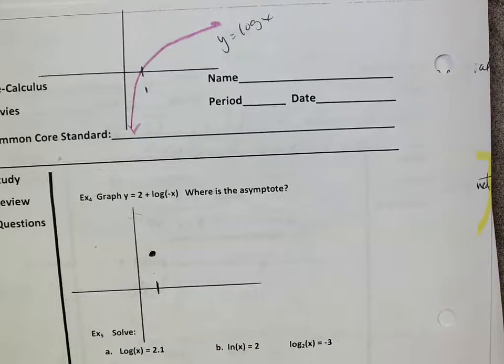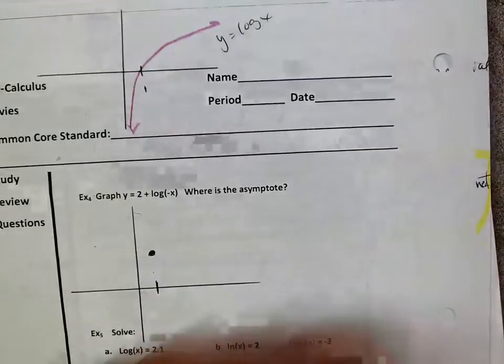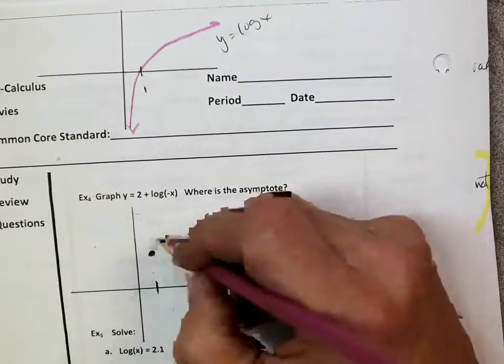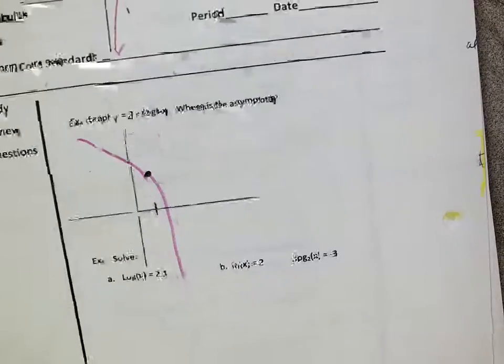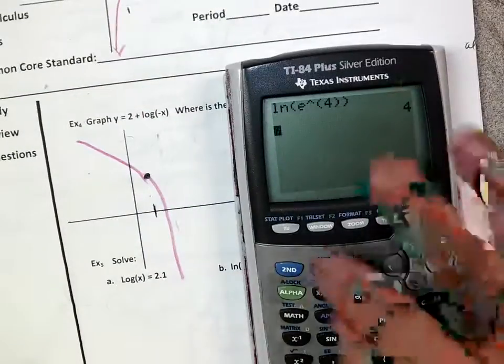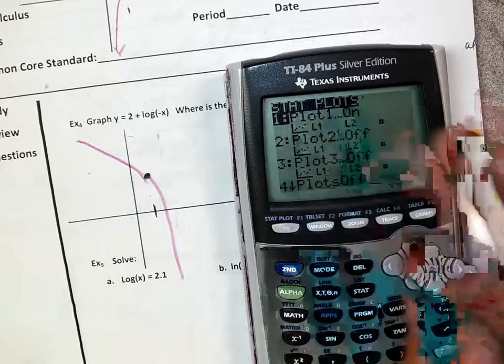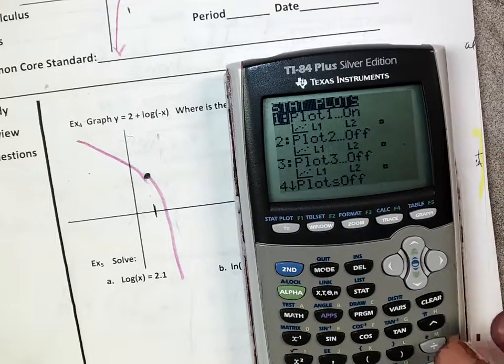So it's going to look like this, and that means this asymptote is going to be sitting right about here. Is that like positive 2? And then I should be able to check it on the calculator anyway, right?